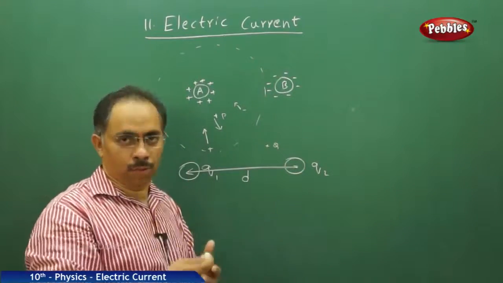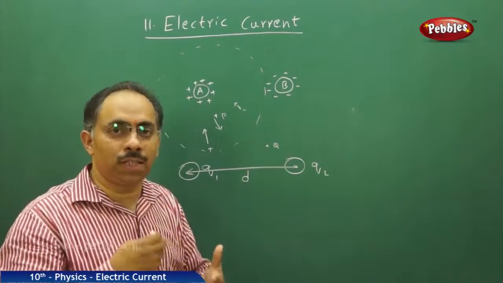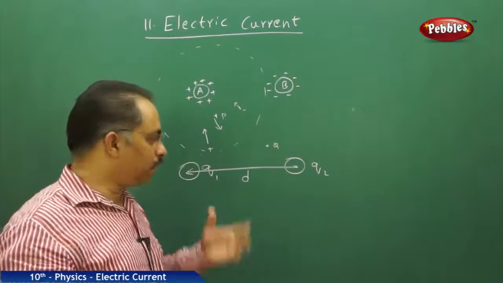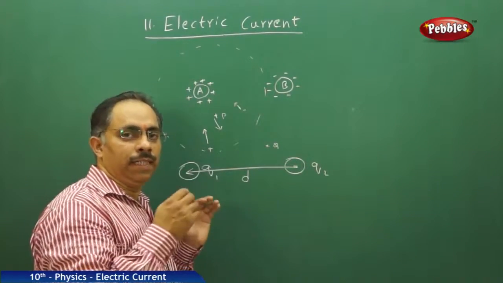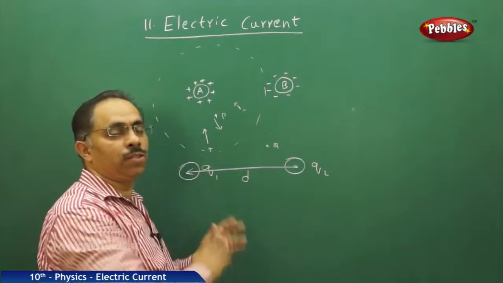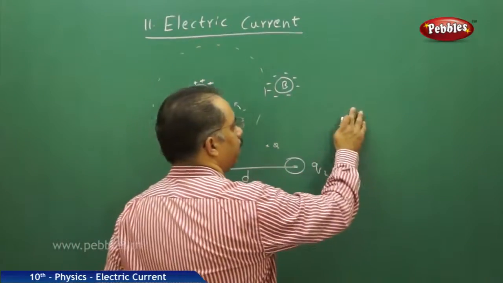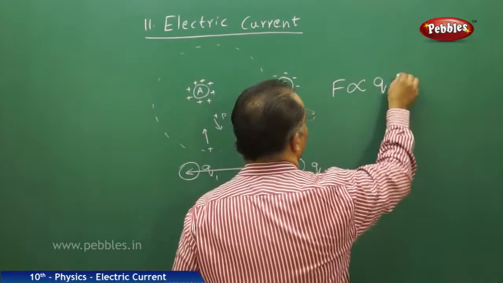Whatever may be the nature of the force, when I want to talk about the magnitude of the force between two charged bodies, it is proportional to the product of the two charges. So I can say F is proportional to Q1 into Q2.